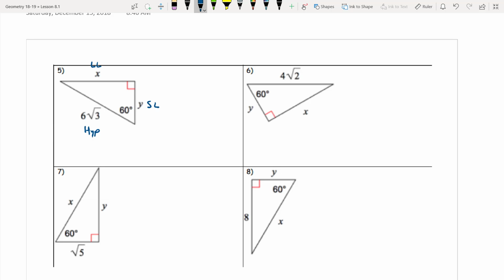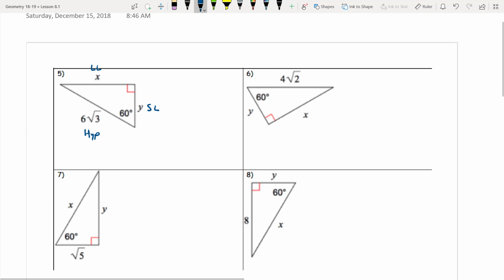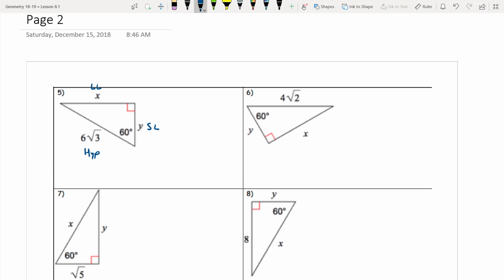So looking at this, they've given me the hypotenuse. I've got two rules that we said we had, that our hypotenuse was always equal to 2 times my short leg, and that my long leg was always equal to radical 3 times my short leg. So in this first one, they've given me the hypotenuse. I always have to find the short leg first.